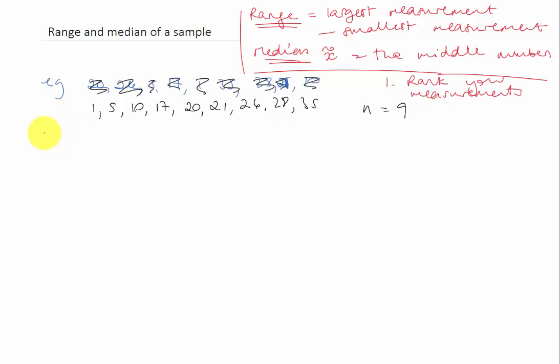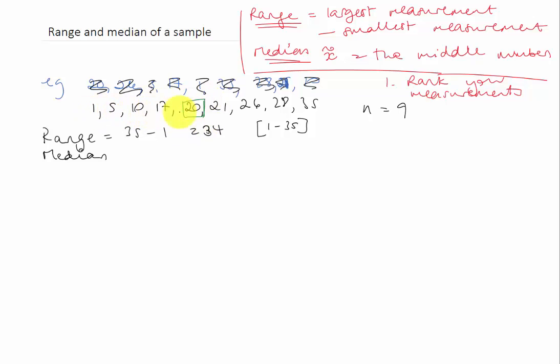So now let's work out first of all the range. That's equal to the largest measurement minus the smallest measurement, so that's 35 minus 1, or 34. Or we could also write that with square brackets as 1 to 35. And then we're looking for our median. That's the number where we've got as many numbers smaller than it as there are numbers bigger than it. So we want the number where there are 4 values smaller and 4 values bigger. So that is 20.